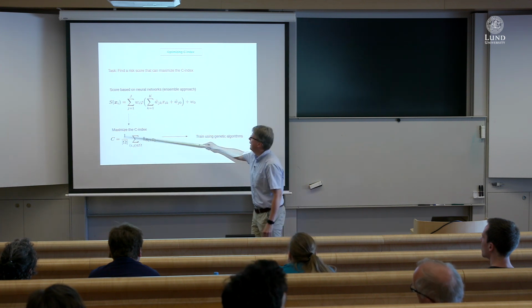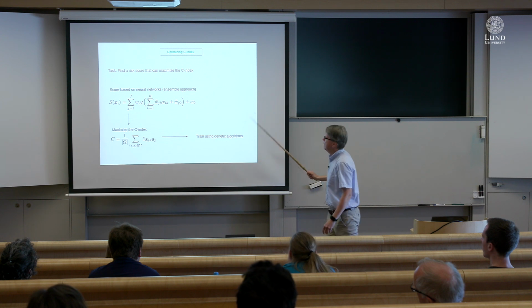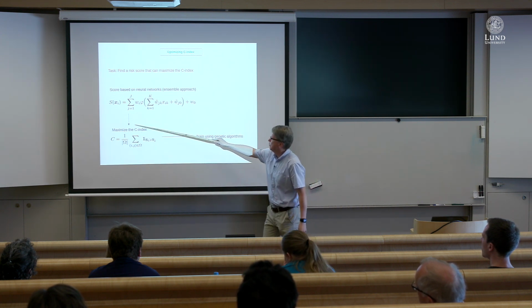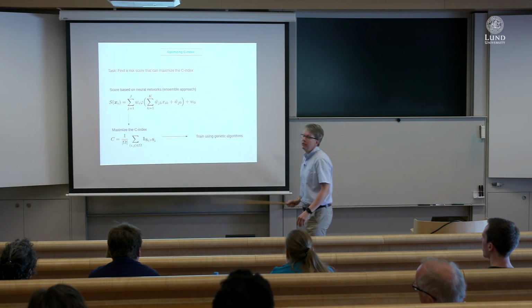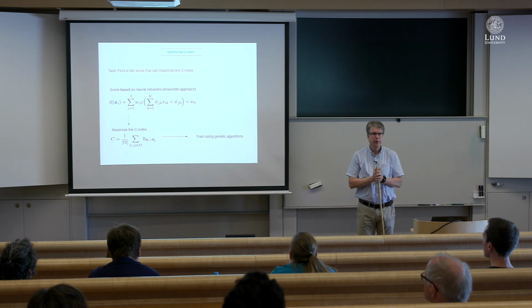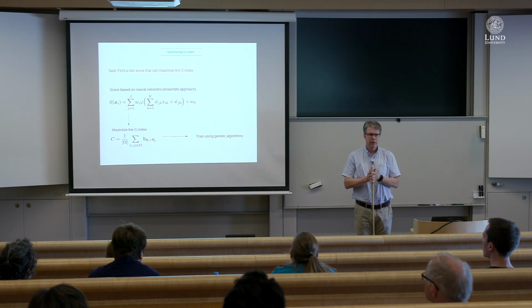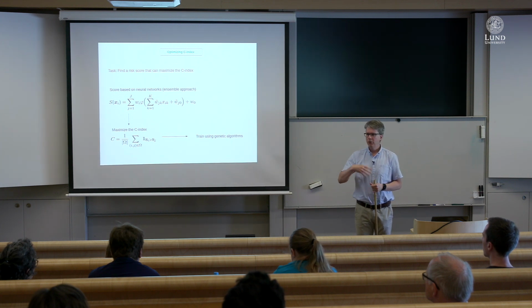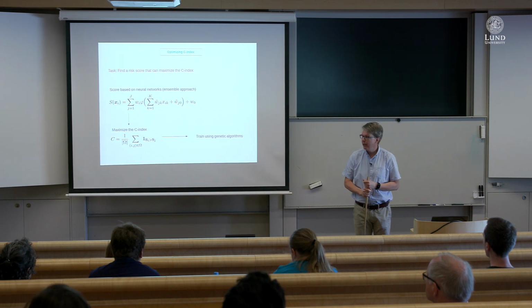So the way we solve that is to train these networks to maximize the C-index using genetic algorithms, which is one of the techniques you can use when you can't compute gradients, basically.